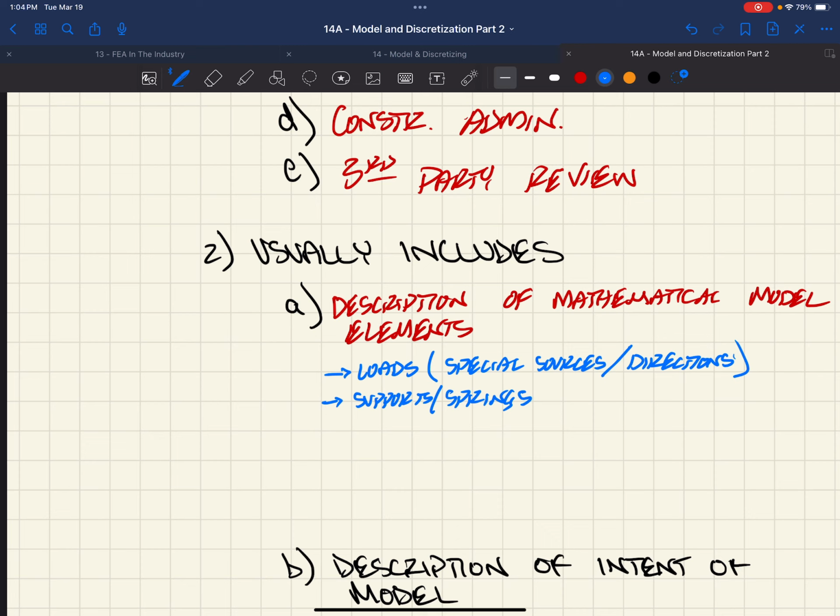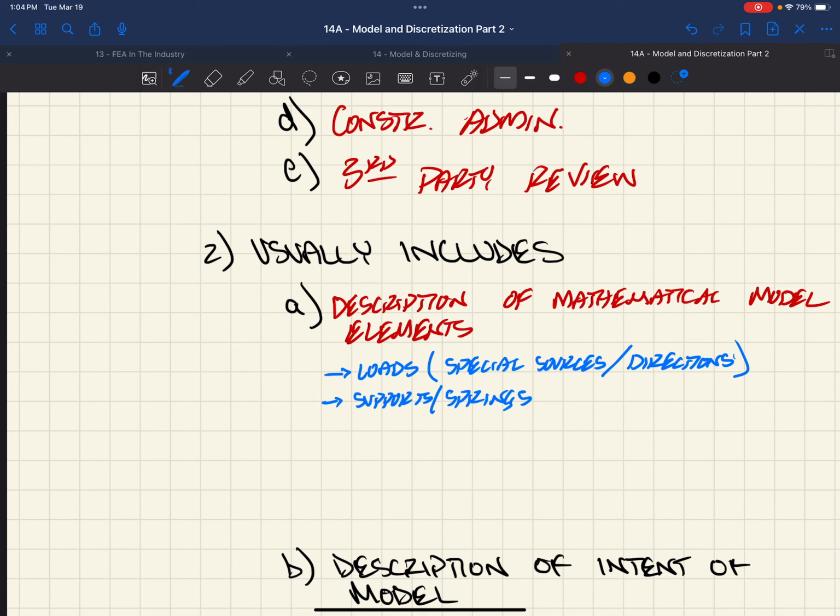Sometimes, though, we want to incorporate the softness, the stiffness, of our soil in the vertical direction. For those of you that have taken geotechnical classes, that is the subgrade modulus of reaction. It's saying how stiff our spring is relative to a square area. So if we had 1 square inch and you deflected it 1 inch into the ground, what would be the resistance?